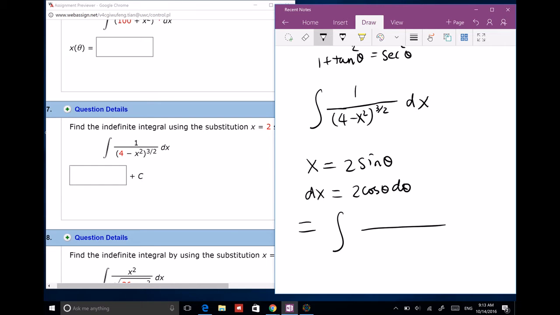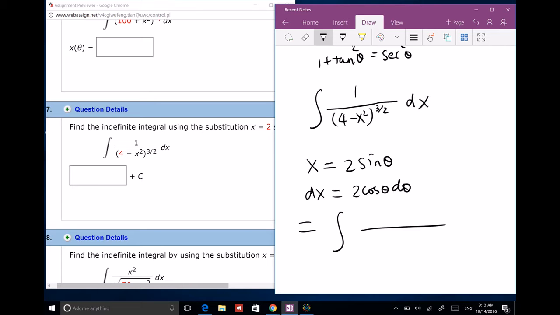I would like a student to help me to finish this. Do I have any volunteer? If not, then I'm going to call a student to help me with it. Nicholas, could you please help me with this one? Okay.